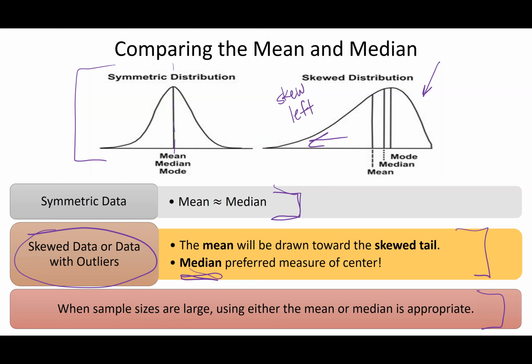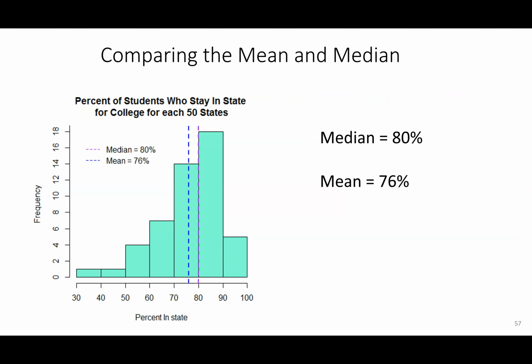And in general, when the sample sizes are large, it doesn't make as big of a difference, but definitely keep an eye out. Do you have very skewed data or do you have some extreme outliers? It's worth at least making a note of in your write-up. So just to compare, this is our student staying in state data. You can see it's skewed left just a little bit there.